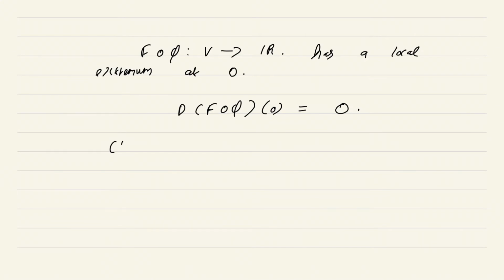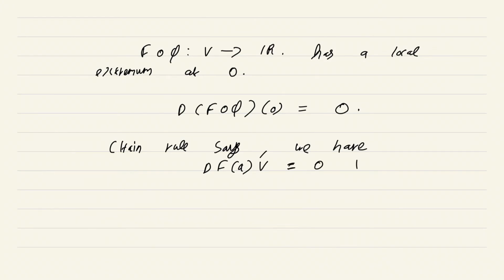The chain rule says we have df_A acting on v is equal to 0 for all v in the tangent space of M at A.